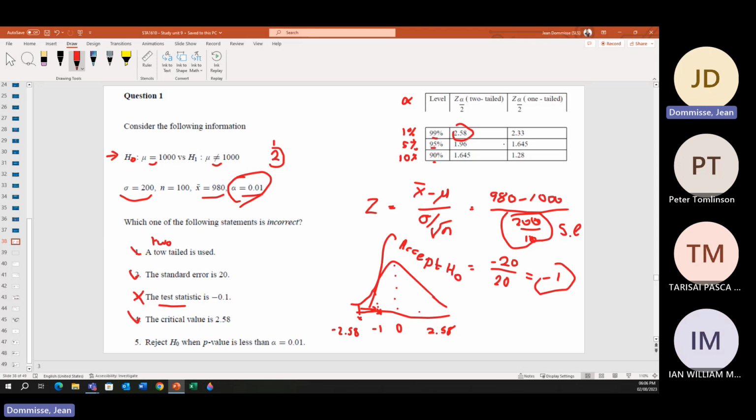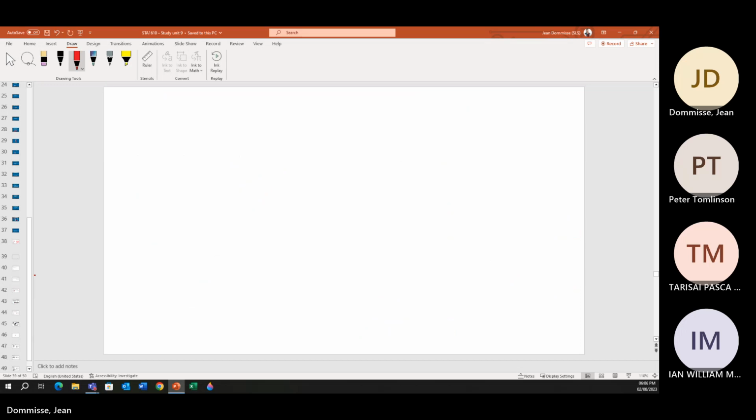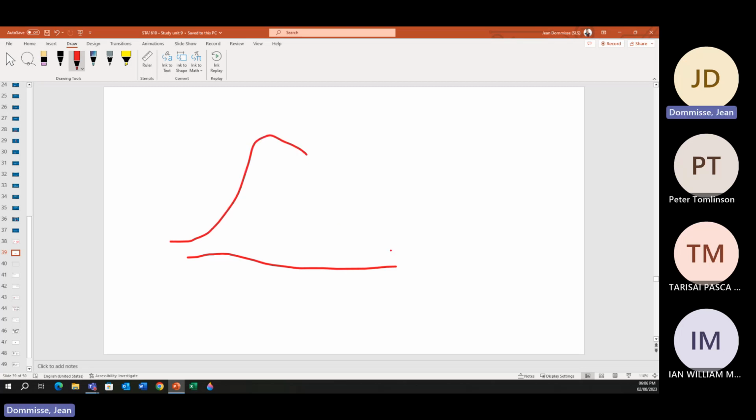Okay, so let me just do that again because it's part of the other slides that we went through as well as part of the theory. I just want to show it again. So that's minus 1. That is minus 2.58.